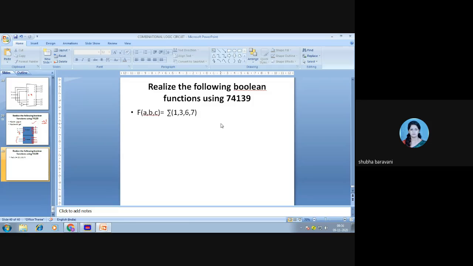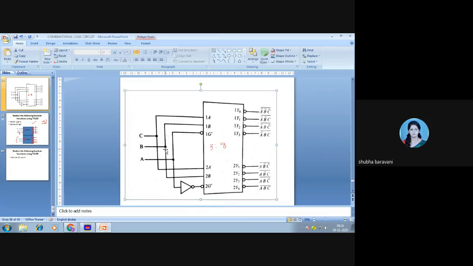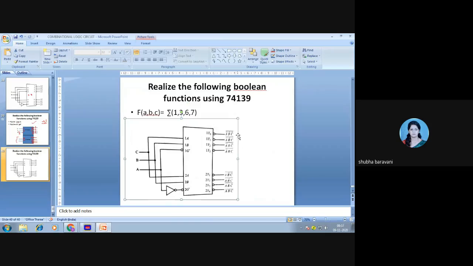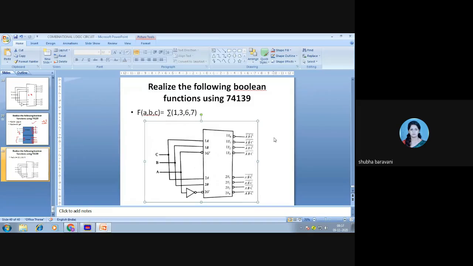Boolean functions. This we had done in last class. Yes, we had done this in last class, right?